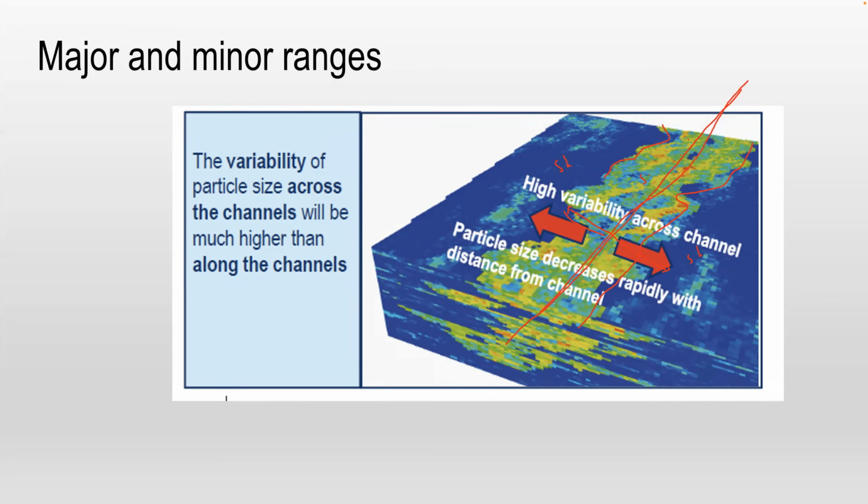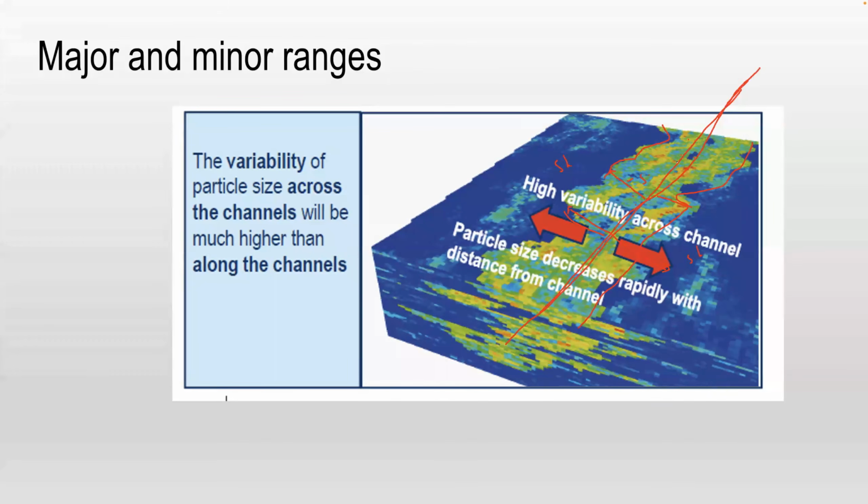In geostatistics, we want to find out in which area this property is similar, in which space or in which distance we have this similarity. So in geostatistics, we are looking for similarity and dissimilarity.